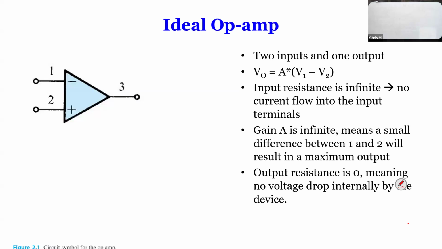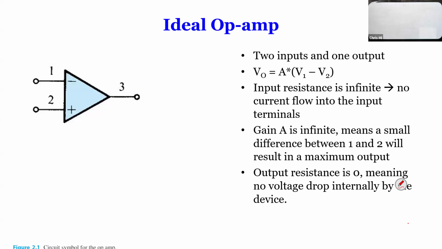When input resistance is infinity, what do you think happens if you apply voltage at the two terminals? Would you see a current? No, because if you apply voltage at the input and the resistance is infinity, therefore the current is zero. So it means no current going into the terminals. This is very important: no current going into any of the input terminals, okay?